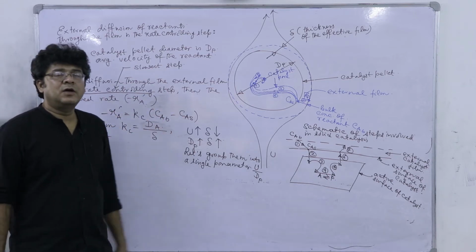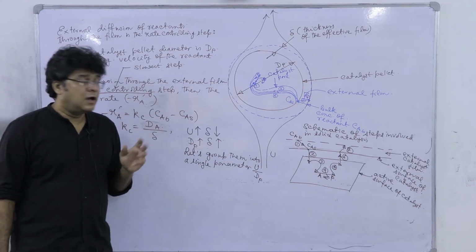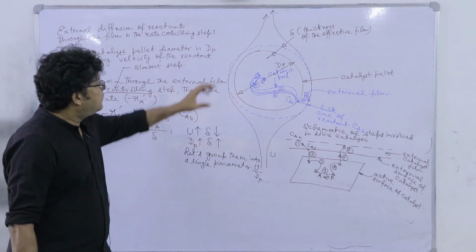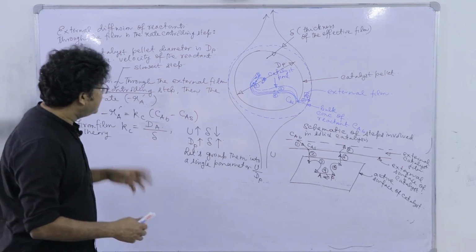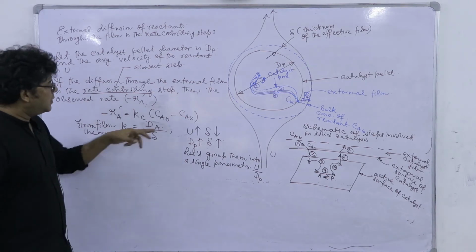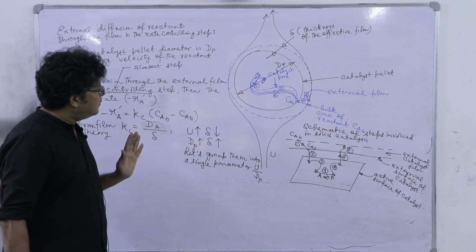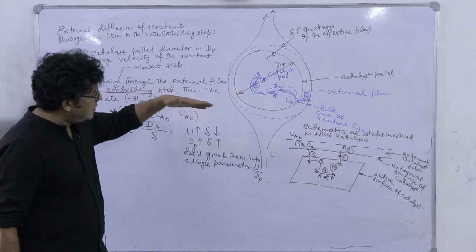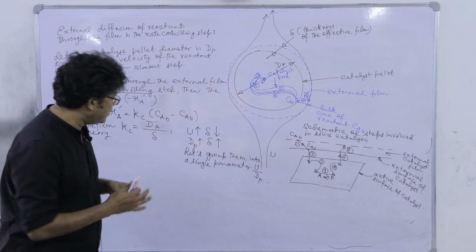So, this step can no longer be the rate controlling step. However, on the other hand, if u is small and dp is large, the external film diffusion through this external film may be the rate controlling. So, in that case we will have a sharp variation of minus RA prime with u by dp, right. This observed rate will increase with the increasing value of u by dp, finally leveling off to some threshold value.